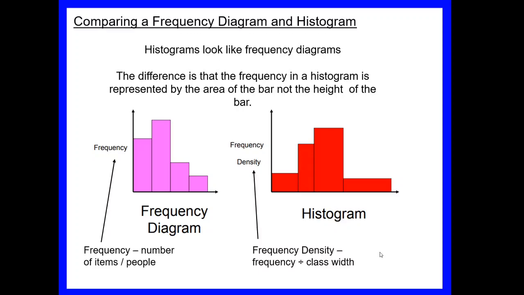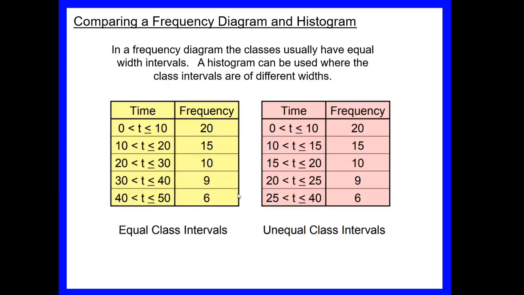So we're going to have a look today at how to calculate the frequency density and be able to draw a histogram. The second difference that you will have seen is that in our frequency diagram the width of the classes is the same for each of the bars, and on the histogram the bars have unequal class intervals, unequal width. If we had our frequency table here, we can see that these groups are in groups of 10.